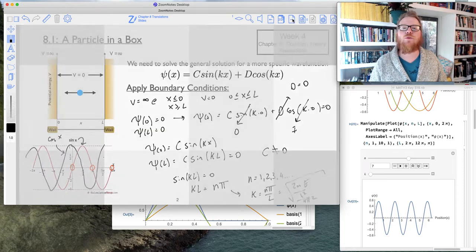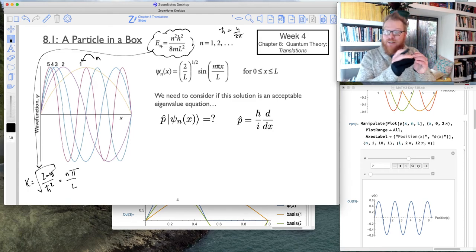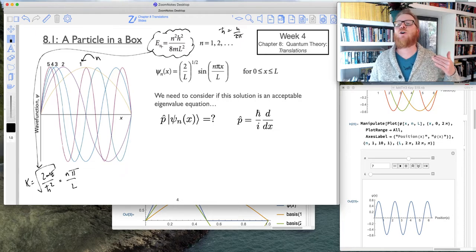What's really cool about this is that kinetic energy does not have continuous values, rather it has quantized values. In other words, when n is equal to 1, it has the value of h squared divided by 8mL squared.